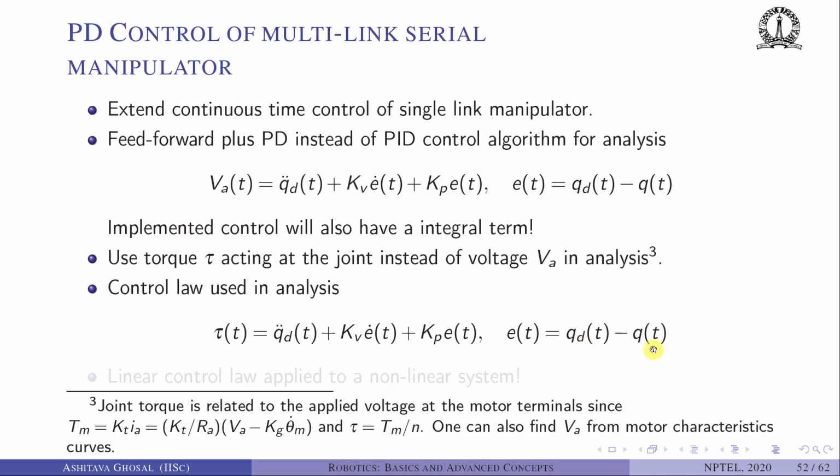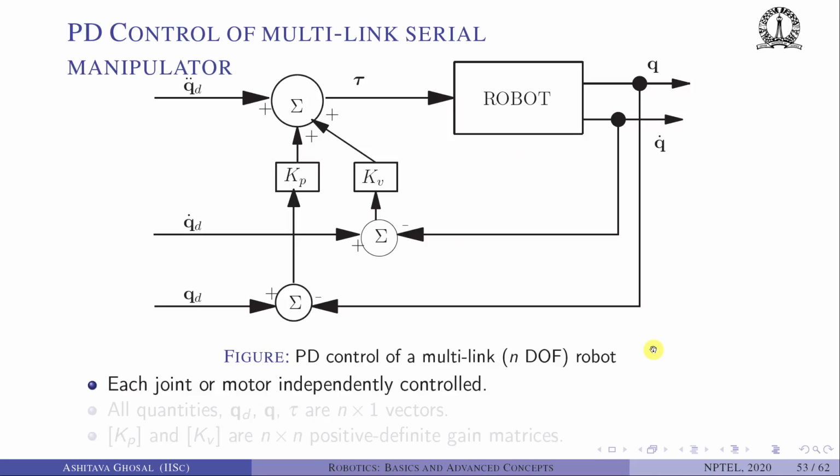We will see what a linear control law does when applied to a nonlinear system, because a multi-link robot is a nonlinear system. The equations of motion contain all kinds of nonlinearities, like theta 1 dot, theta 2 dot in the case of 2R, and sine and cosine of the angles.